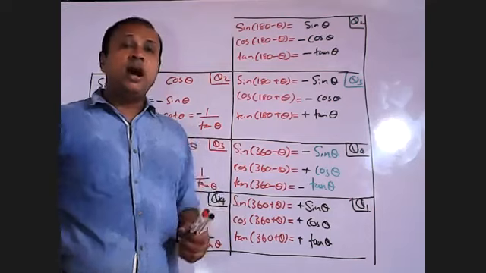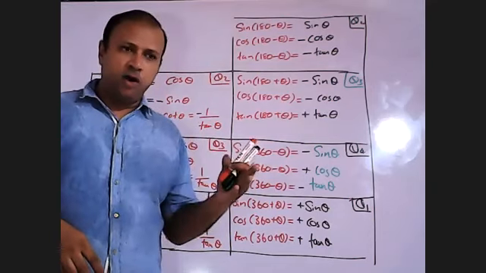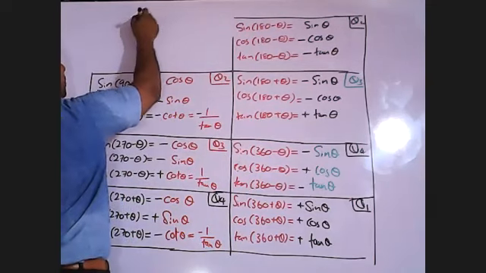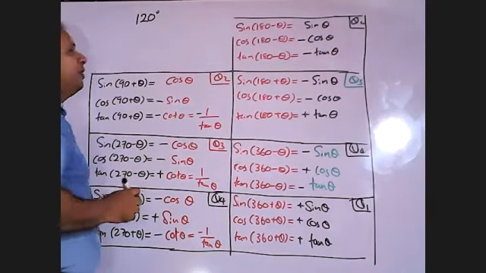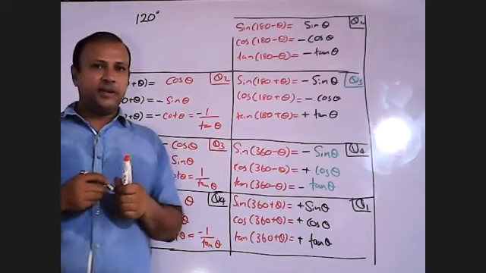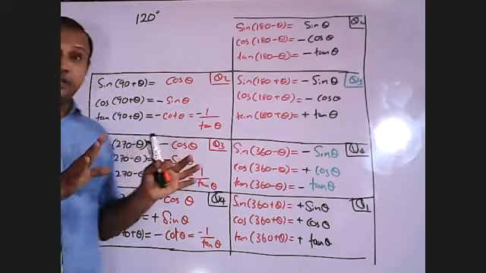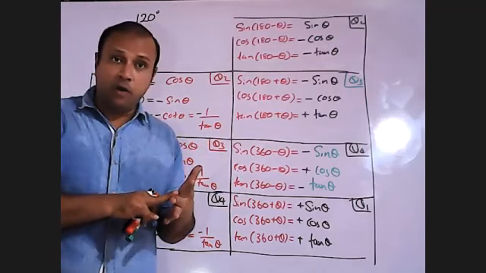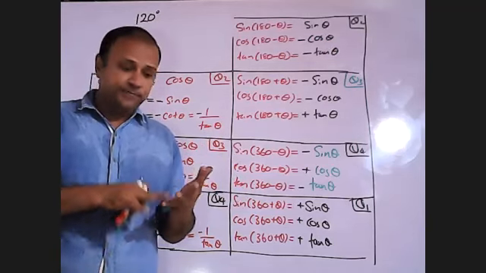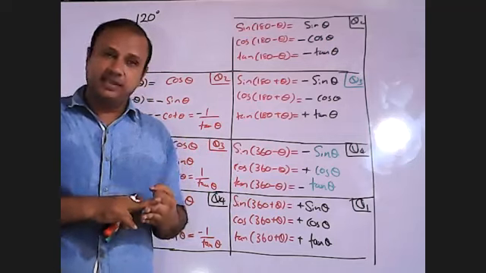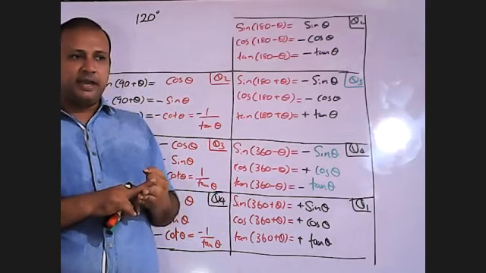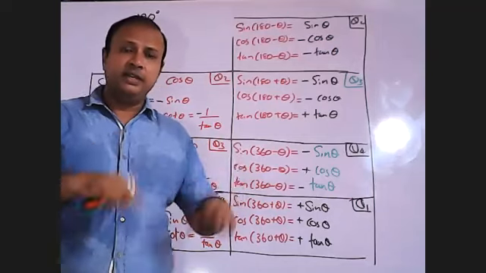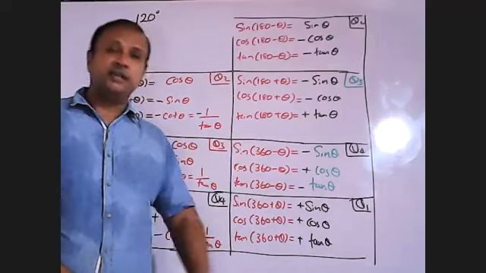Suppose you are asked to find the trigonometric value of 120 degrees. The first thing you have to remember is the sine, cos, tan values of 30, 45, 60. And I think you know the sine and cos values of 90, 180, 270, 360.